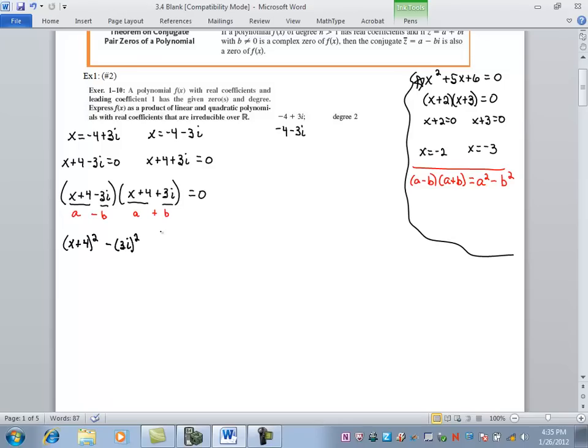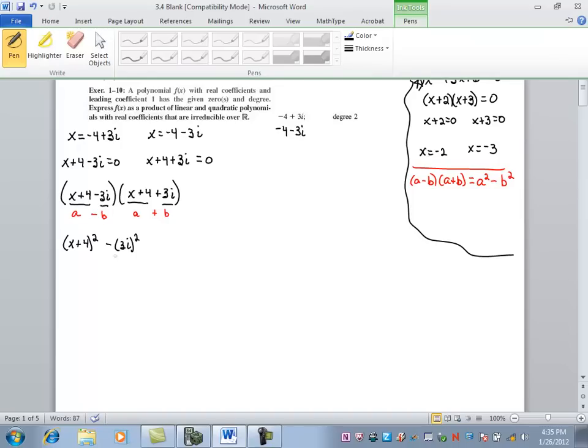Okay, and we don't really need our equal 0 anymore. We're just writing a polynomial. So I'll get rid of that, but that kind of helps us understand where we came from, how we got here. And so, let's see. It says expressed as a product of linear and quadratic polynomials with real coefficients.